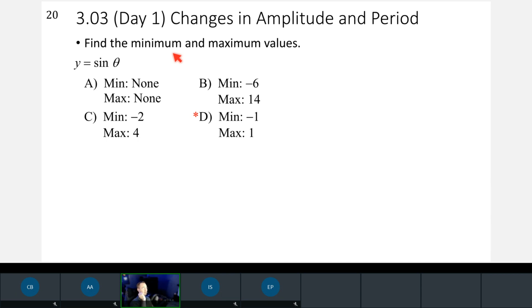To find the max, it would be the midline plus your amplitude for the max value, and midline minus the amplitude for the min value. And well, there you go. Or you can just graph it. If you just graph it, you can see the max and the min right on the graph on GeoGebra. So 1 and -1. I think that's a freebie as well.